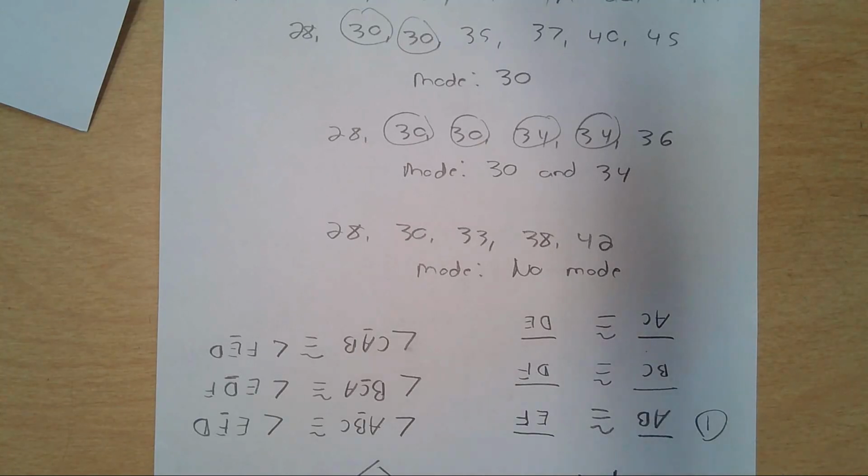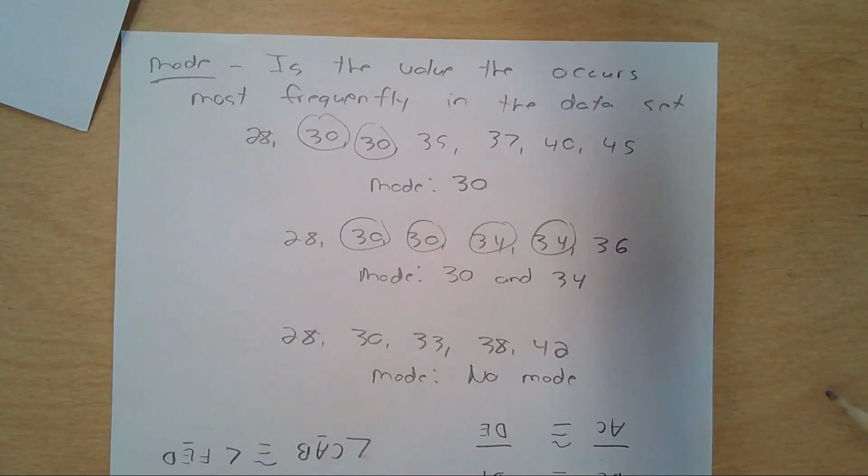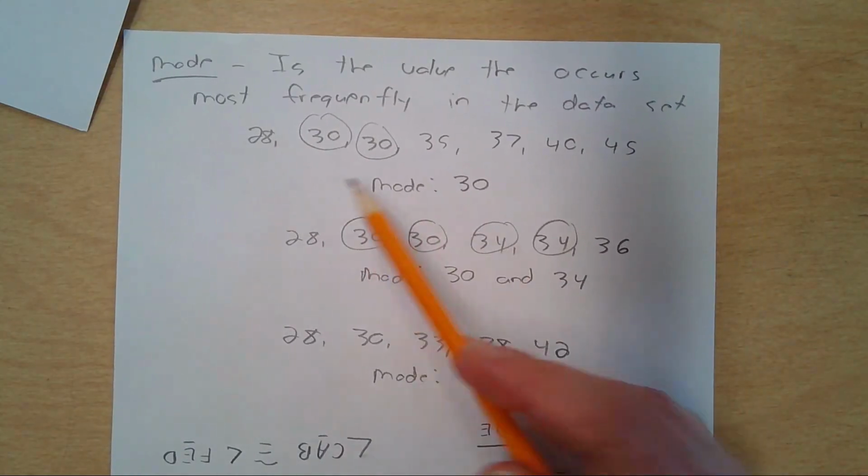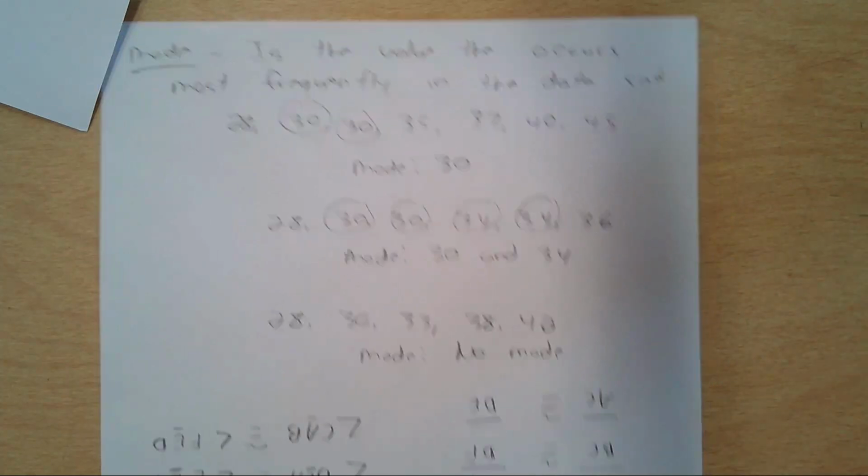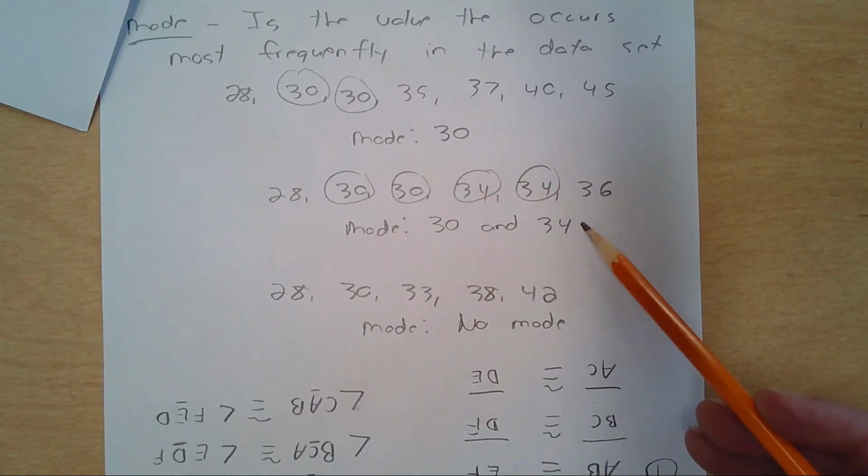So mode is a little different, where there could be one mode, there could be more than one mode, or there could be 0 modes, just depending on what your data set includes. I've shown you all the different scenarios: one value appears more frequently than the others, or there could be 2 or more modes.